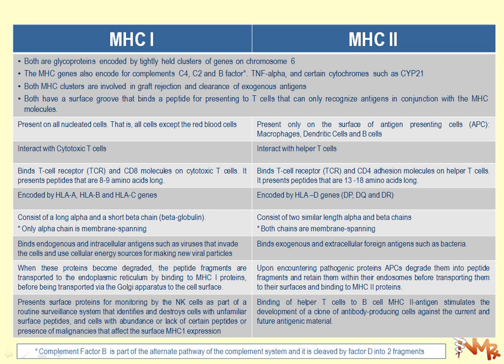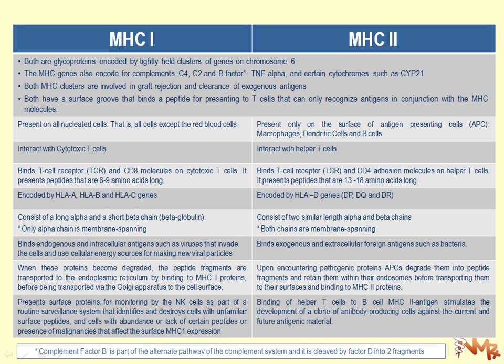MHC1 interacts with cytotoxic T cells, whereas MHC2 interacts with T helper cells. MHC1 binds T cell receptors, TCR, and CD8 molecules on cytotoxic T cells. I'll be talking more about these later.